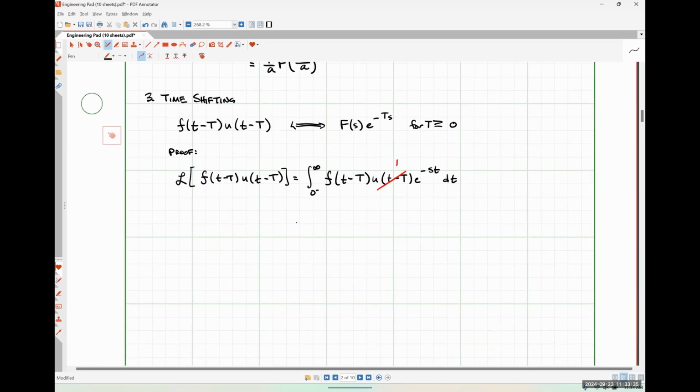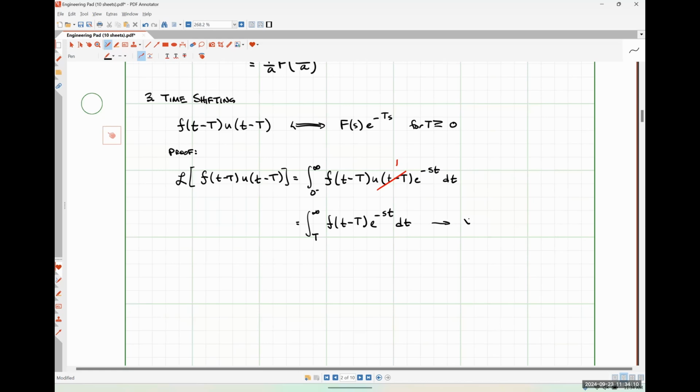This will give us the integral from capital T to infinity, because everywhere from 0 minus to capital T has to be 0, because this guy was 0 over that interval, of f of t minus capital T e to the negative s lowercase t dt.